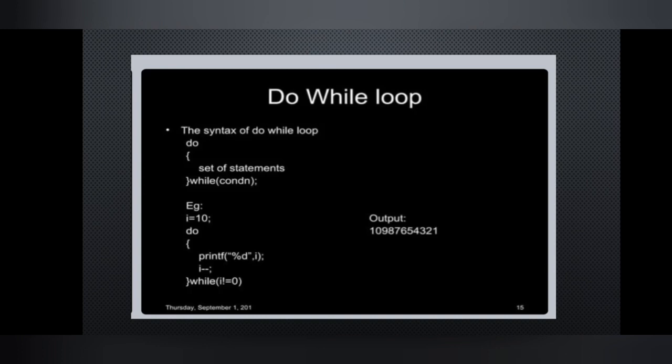For example, if we initialize the value of i equal to 10, we have to print the value of i and decrement the value until i becomes equal to 0. We have given the while condition, while i is not equal to 0. That is the code, and while executing we will get 10 9 8 7 6 5 4 3 2 1.